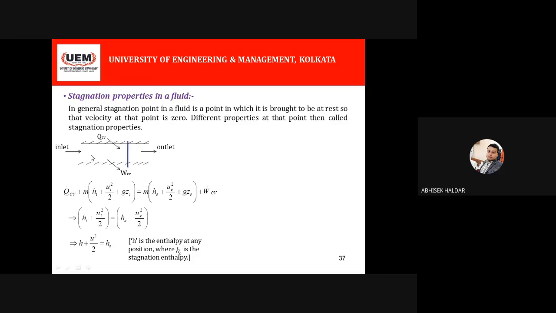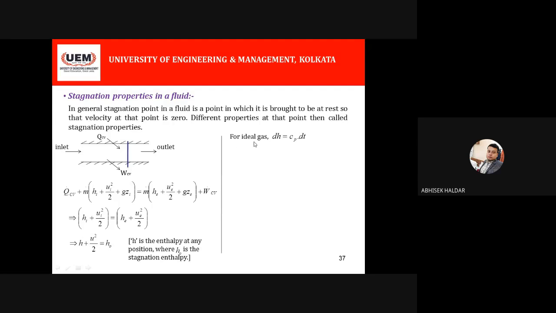That is H, so I can apply it at any position over here. But at the stagnation state, obviously my enthalpy will be H naught, the stagnation enthalpy. So I have got this from the simplified form of the steady flow energy equation, applying the concept of stagnation.